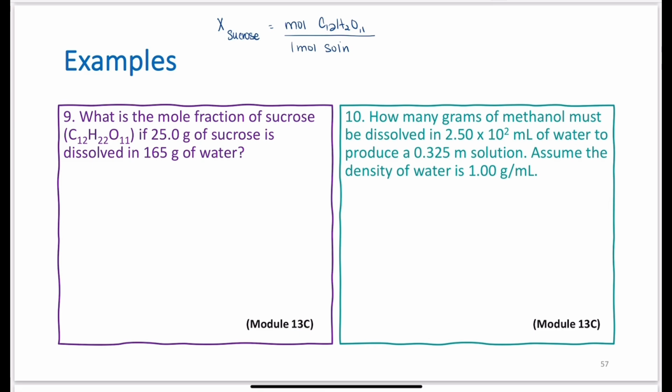Let's find the moles of each thing. Number of moles of sucrose at 25 grams. One mole is pretty big, 342.3 grams.